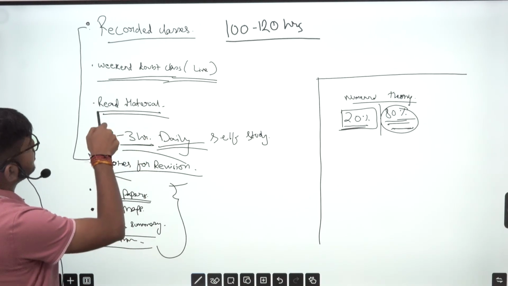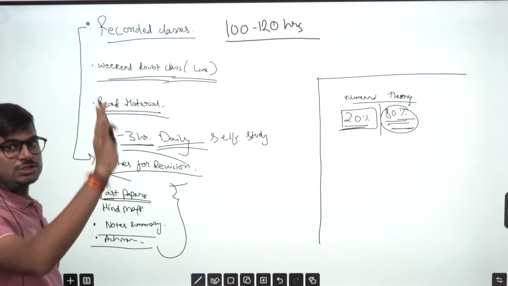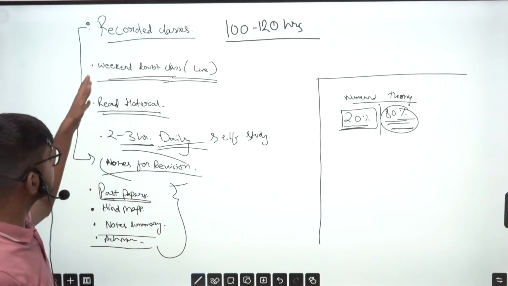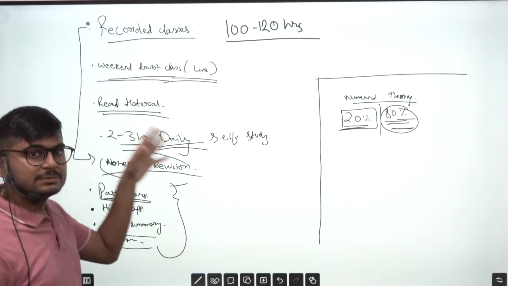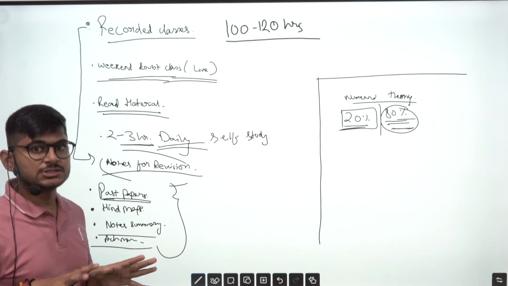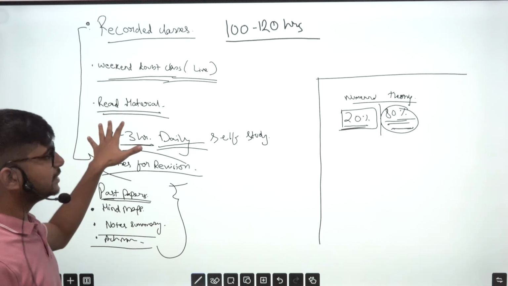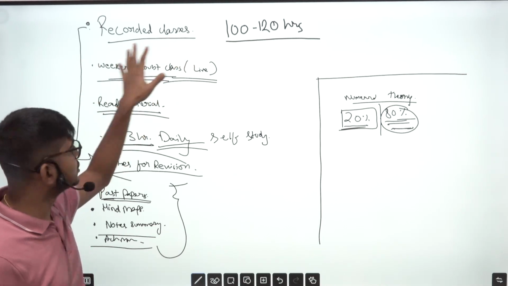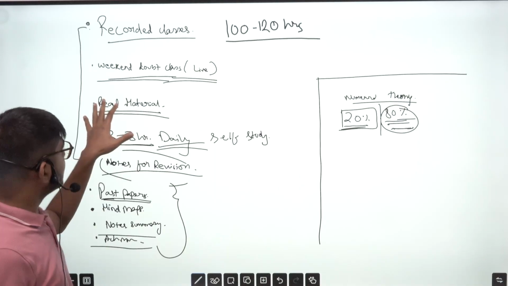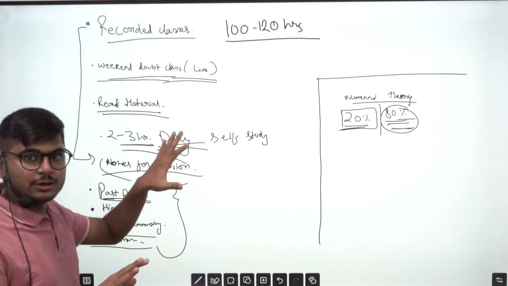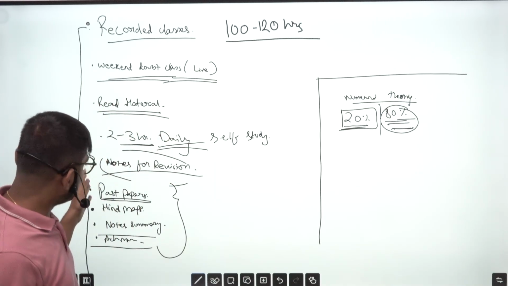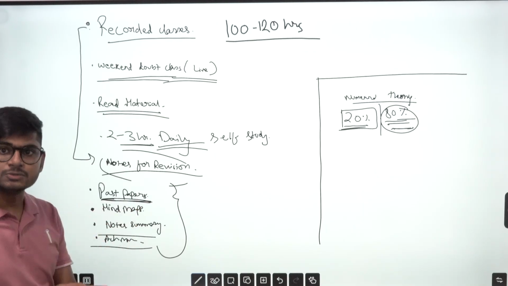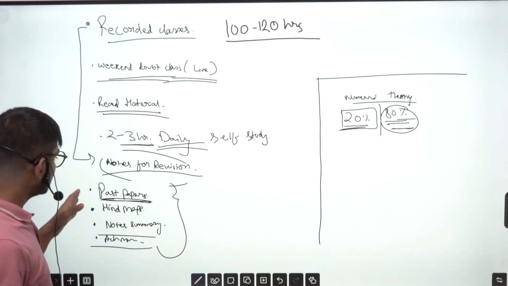The next point is, when you watch the recorded lectures and complete a chapter, you immediately read the material for that chapter also. When you read the material, you will be able to bridge the knowledge that you have gained. Once you know your concepts, you also solve past papers from the revision notes provided by the institute.